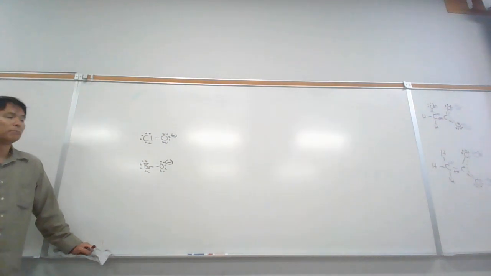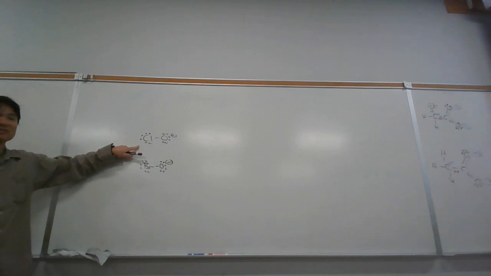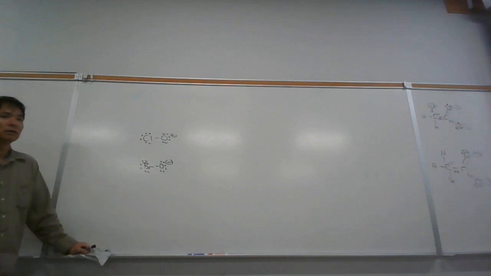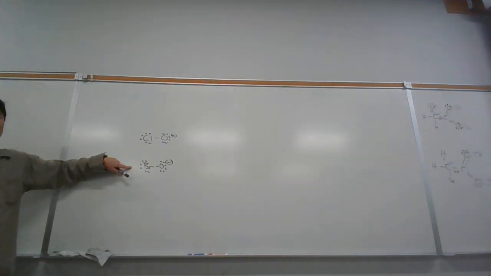And they'll pick this one. Why? Because it's more electronegative. Is that the reason this one's a stronger base? Well, it is more electronegative, that's correct. What's the reason? Is this one the stronger base or this one the stronger base?